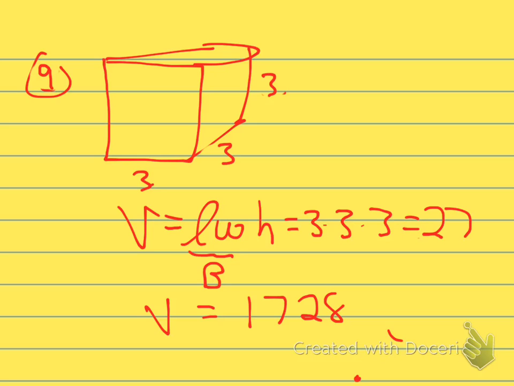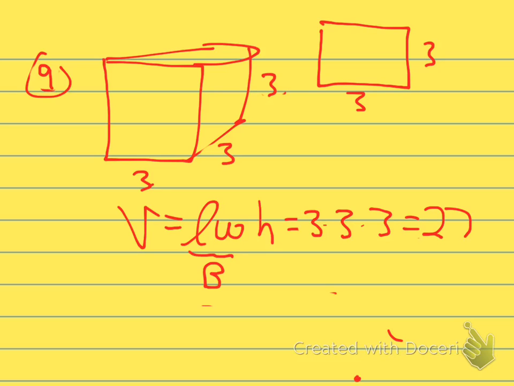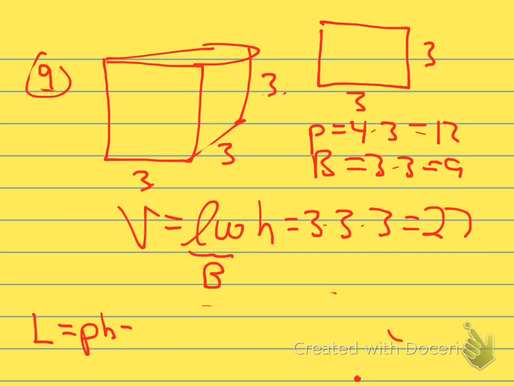Okay, to get the total surface area, there are a couple of ways that you can do it. If you go the way that we've done it before, then the base would be a square that's 3 by 3. The perimeter of the base would be 4 times 3, which is 12. The area of the base would be 3 times 3, which is 9. The lateral area is perimeter times height.